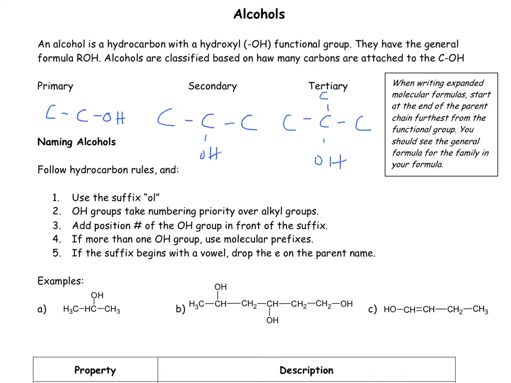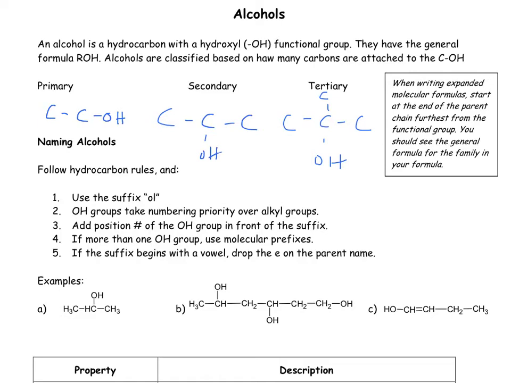To name an alcohol, follow the hydrocarbon rules and use the suffix -ol. Hydroxyl groups take numbering priority over other alkyl groups, but not double and triple bonds. This means that if your compound has a double or triple bond, it gets the lowest number, followed by the OH, if possible.